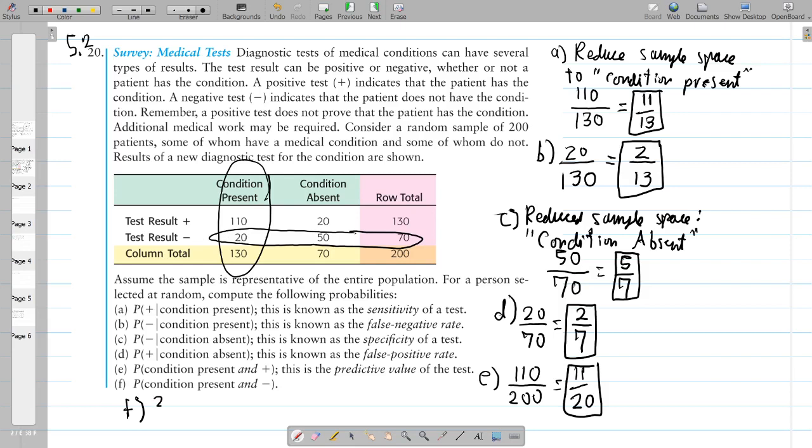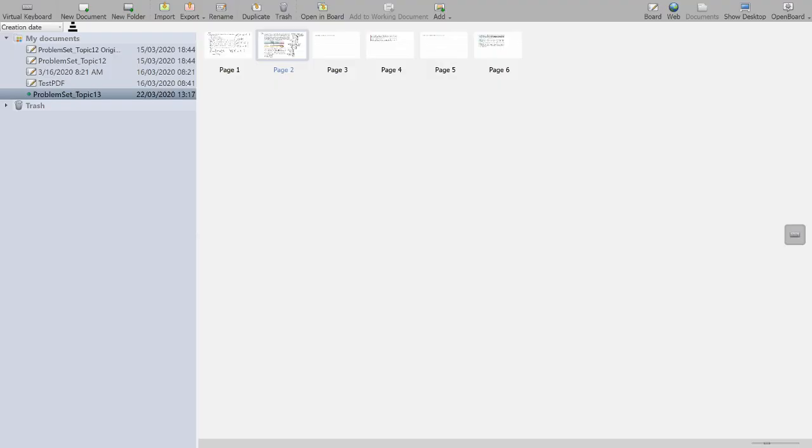So we have 20 cases in that category. And we have a total of 200 cases altogether, because it's not a conditional probability. We just look at all the cases. It's a sample of 200, right? That's over 200. So that simplifies to, in this case, just 1 over 10. And there we go.